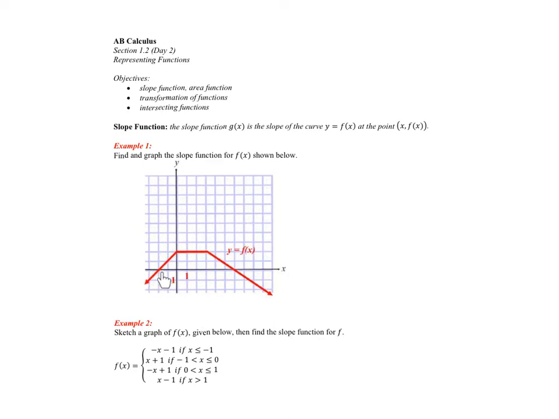As we look at this piecewise function, it has 3 portions to it, all of which have different slopes. On the first portion, let's define the slope function as m of x. I'm not going to use g of x, let's use m of x.